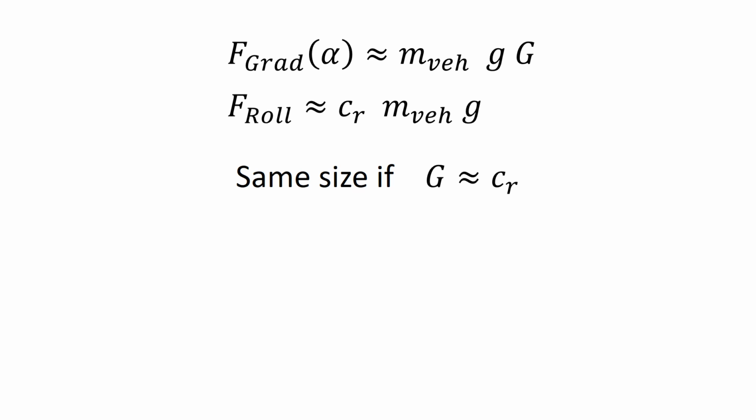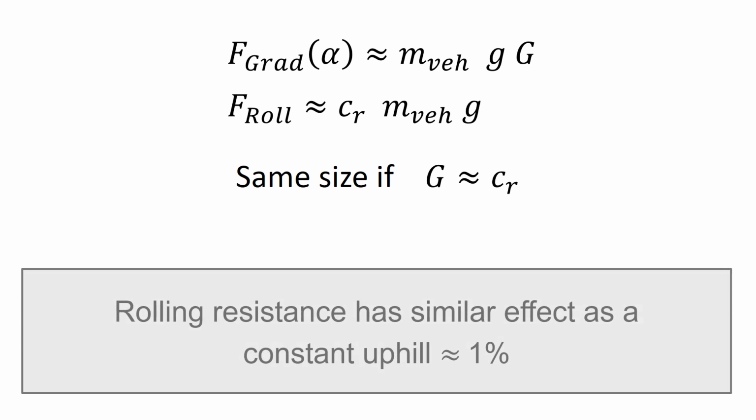It can be noticed that the rolling resistance force equals a gradient force if the gradient is equal to the rolling resistance coefficient. The exact rolling resistance coefficient of course varies for different vehicles, but on paved roads most vehicles have a rolling resistance in the order of 1%. Therefore, rolling resistance has a similar effect on the vehicle as driving up a constant 1% gradient.